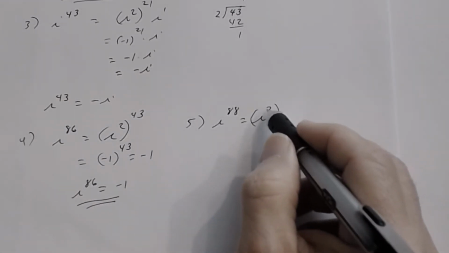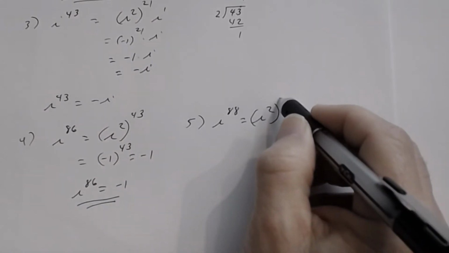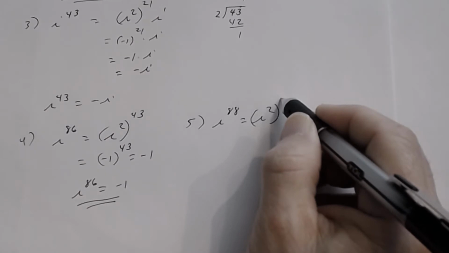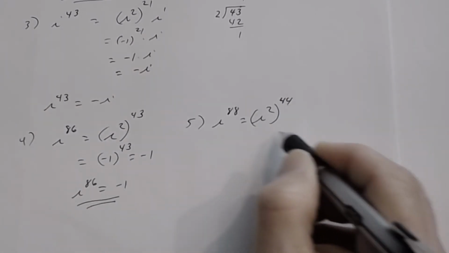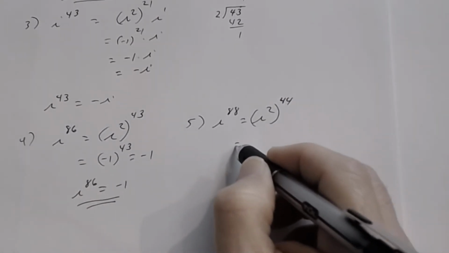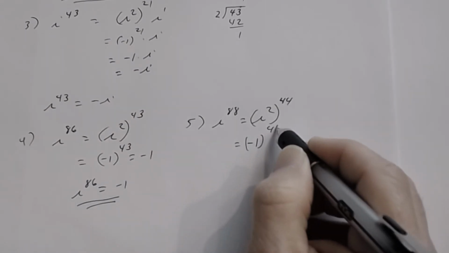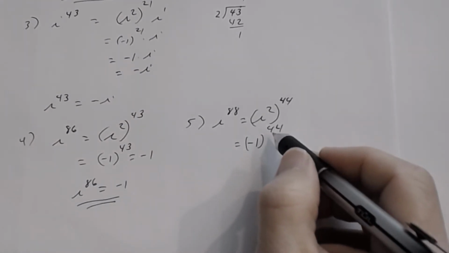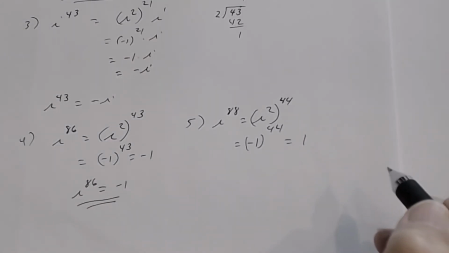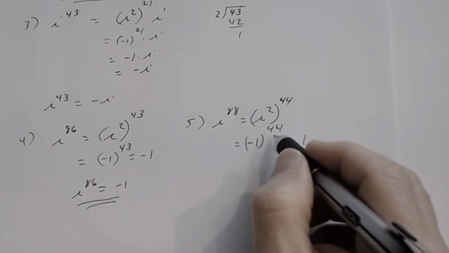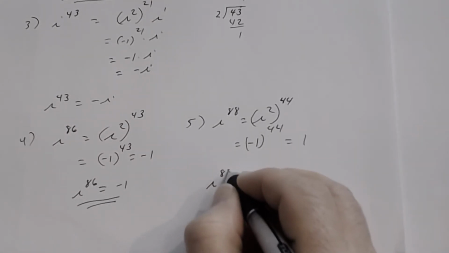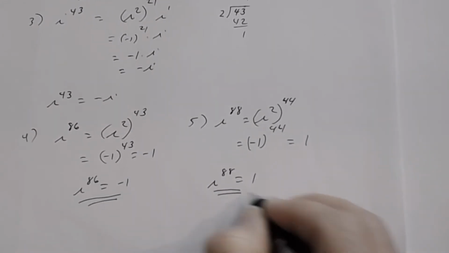So i squared, 2 times what is 88? If you don't know real quick, use your calculator. That's going to be 44. So this becomes -1 raised to the 44th power. A -1 raised to an even power is always going to be +1. So what we found is that i to the 88th equals +1.